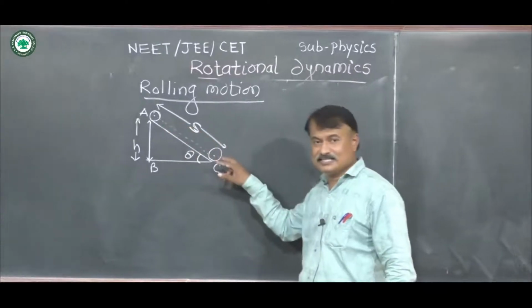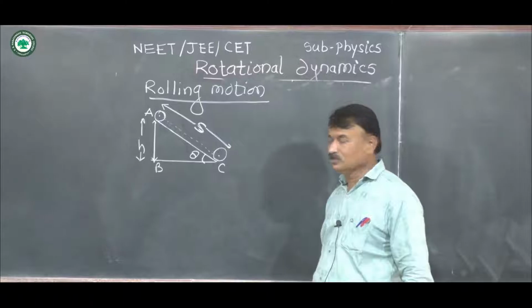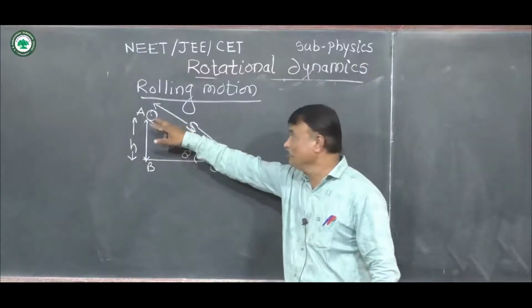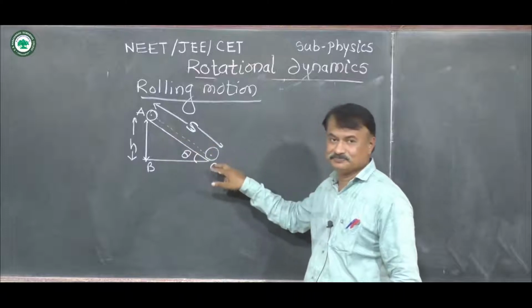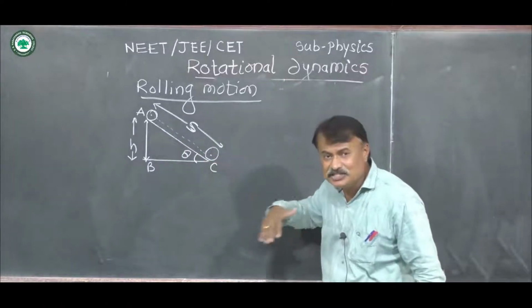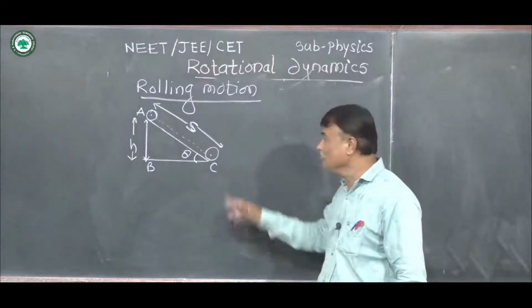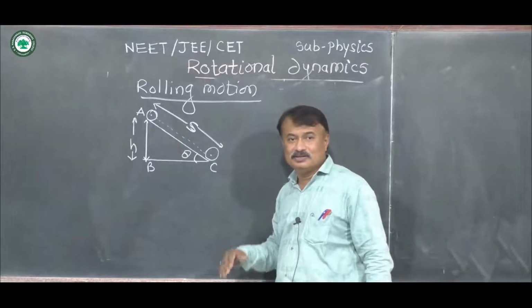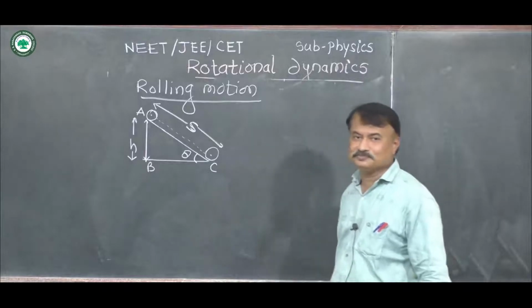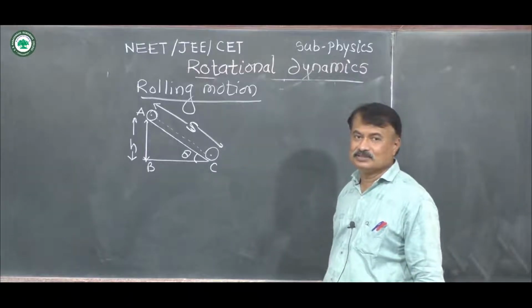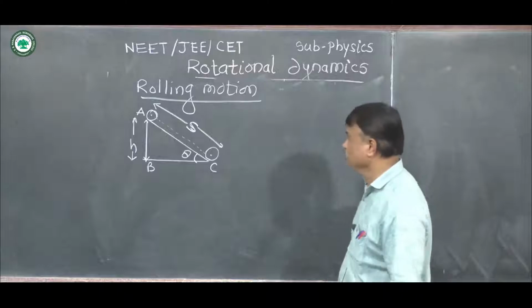When we consider this motion, it is rolling motion. This body rolls about its own axis and moves in this direction. This means there is a rotational motion and there is also translational motion. This rolling motion is the sum of translational motion and rotational motion.